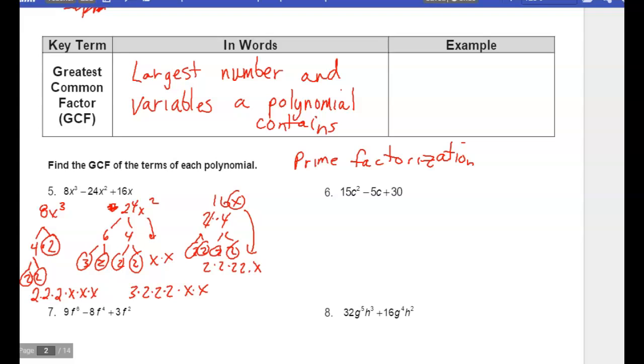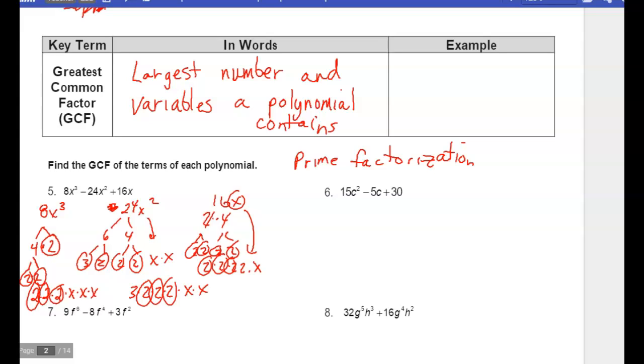So now we're looking at what do they have in common? Well, in this case, we have a 2, and a 2 in common on this one that it shares with these. So I have 3 2s that they all have in common.